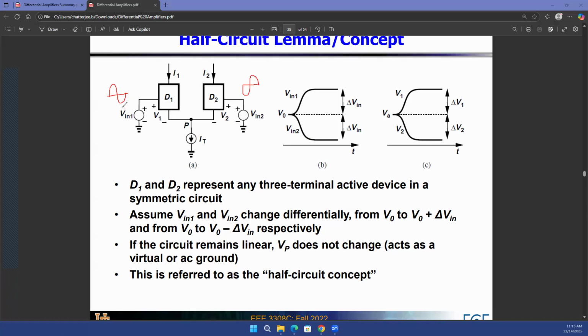Because of this V1, what should be the voltage at point P? Remember that this is an NMOS over here, and another NMOS over here. If I'm looking at this point P, and my input was V1, then at point P I should see the same voltage because it's just a source follower. I'm applying my input at the gate and looking at my output at the source of that NMOS, so at point P I should see the same sine wave as V1.